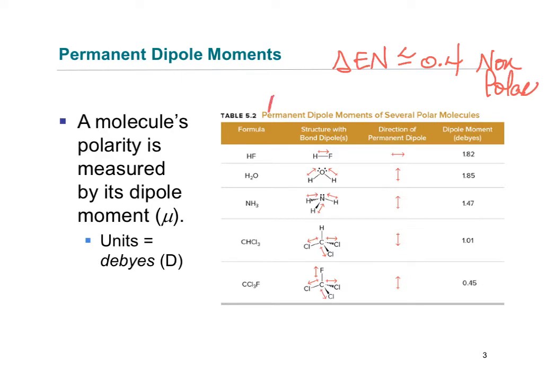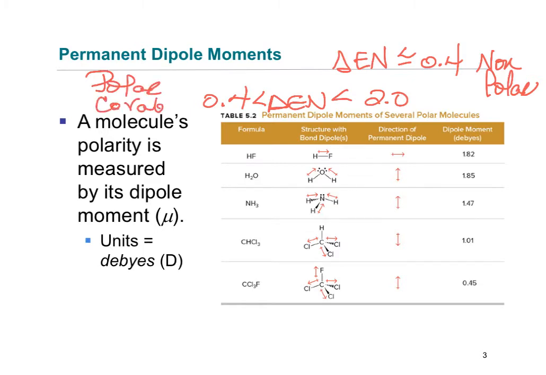And if the difference in electronegativity was in the range of greater than 0.4 or less than 2, we called that polar covalent. So it's still a covalent bond, but the bonding electrons are shared unequally. They're closer to the more electronegative element. And then if the difference in electronegativity is greater than 2, it's an ionic bond. All right, so just a refresher, how to identify polarity of bonds.